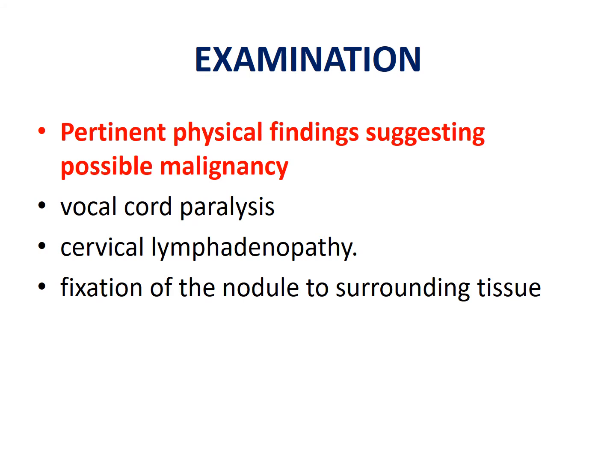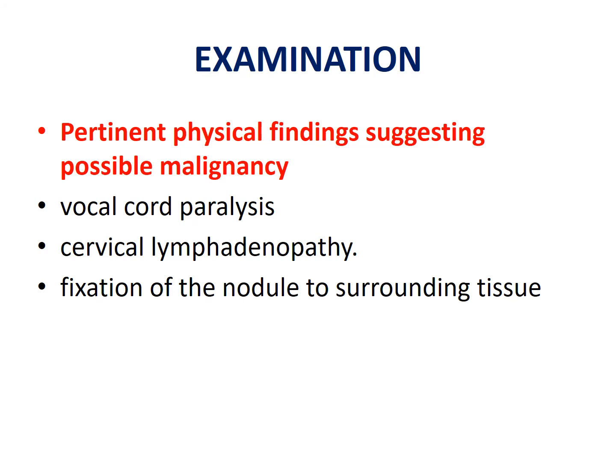We need to see if the thyroid nodule is fixed to the surrounding tissues. We need to see if there are palpable cervical lymph nodes. We need to see if the carotids are in place or not. We need to look for any features of hoarseness or change in voice.